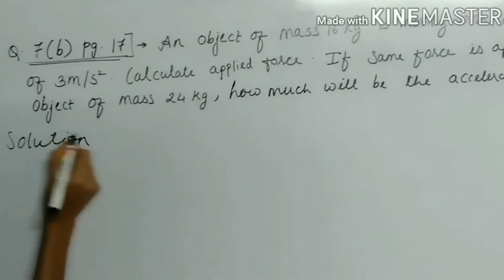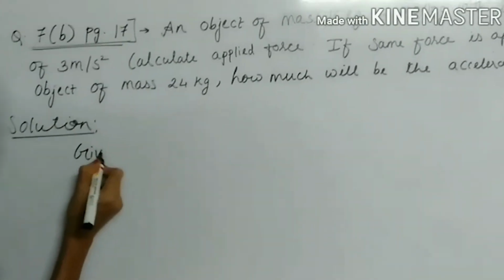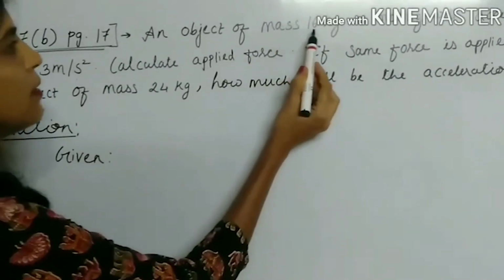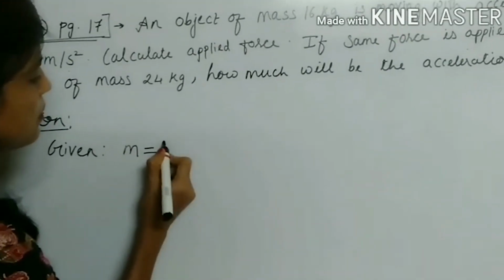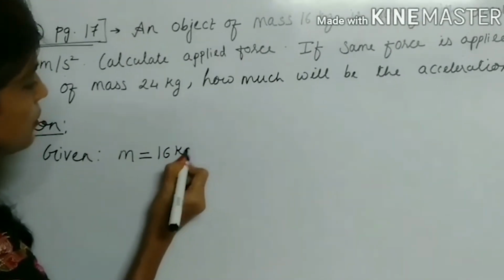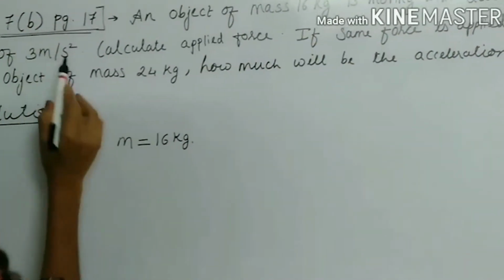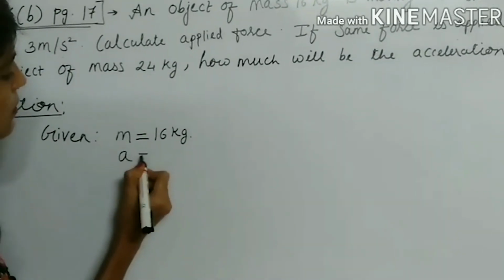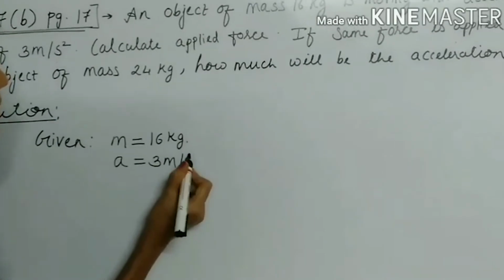Solution. First of all, let us write what is given. An object of mass 16 kg. What is 16 kg? M. Mass is equal to 16 kg. Is moving with an acceleration of 3 meter per second square. So what is 3 meter per second square? Acceleration A, 3 meter per second square.